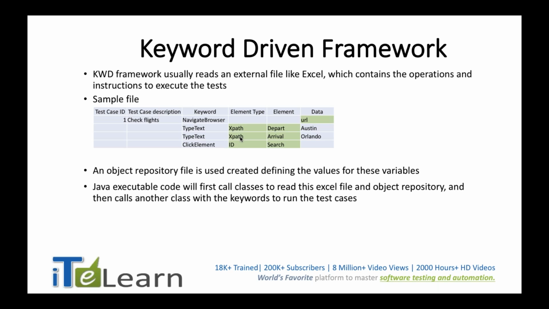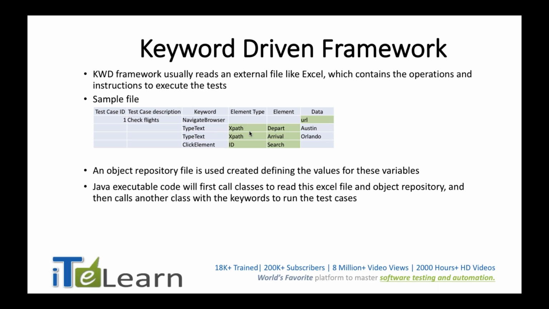You're saying how am I identifying my element. Am I using XPath, ID, name, link text, partial link text, anything? That is what we are defining here. I'm going to use XPath to find my element. Why do we need to find the element? Because our framework has to understand what it should do, and how and where it should do it. That is what we are trying to define here.